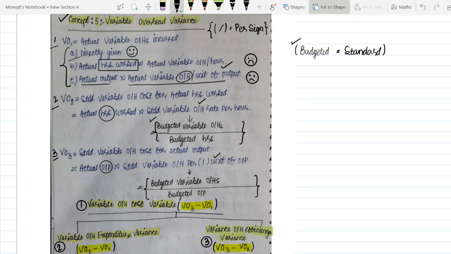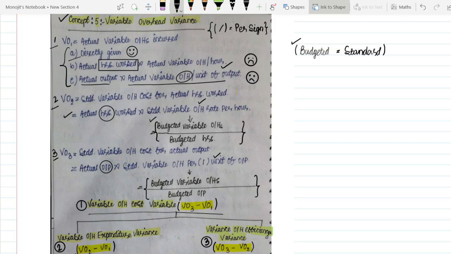VO2 is standard variable overhead cost for actual hours worked. In this case you have to calculate actual hours worked into standard variable overhead per hour. Standard variable overhead per hour is budgeted variable overhead divided by budgeted hours.